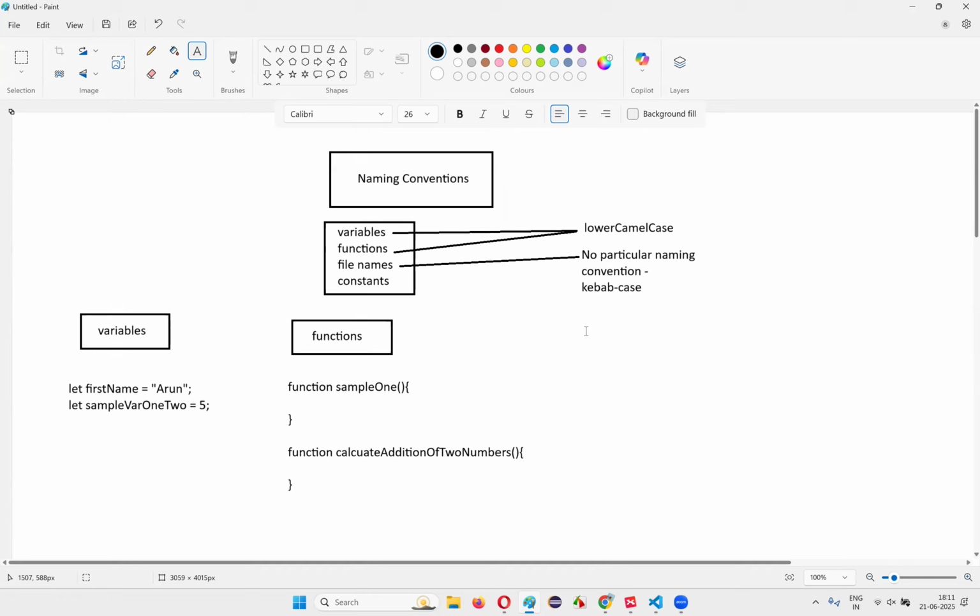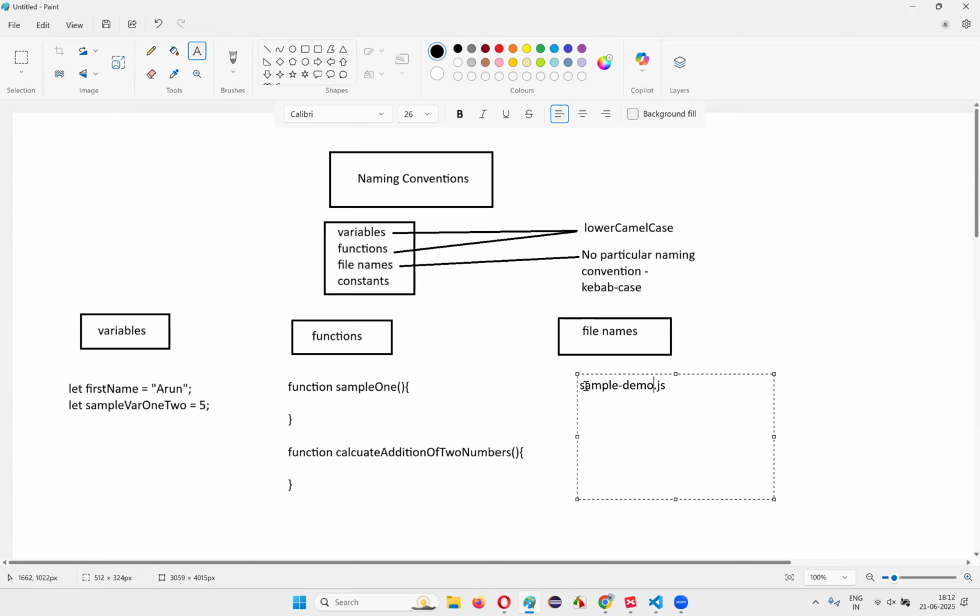Okay, fine. So if I have to name JavaScript file names, how will they look? Here, sample demo. How to name this file? Sample-demo.js. Okay, this is what is a kebab case.